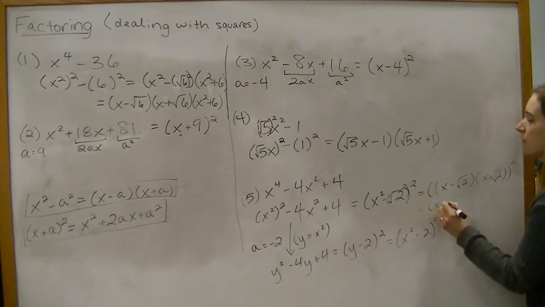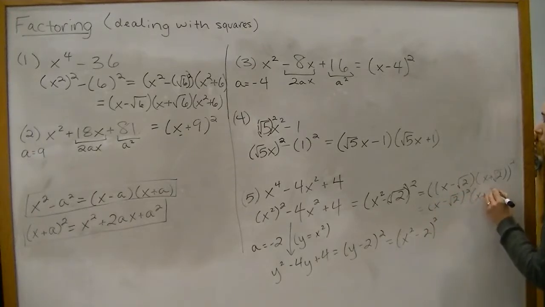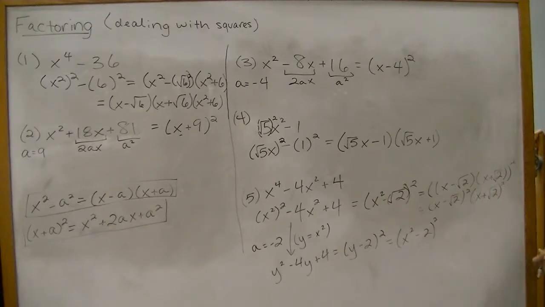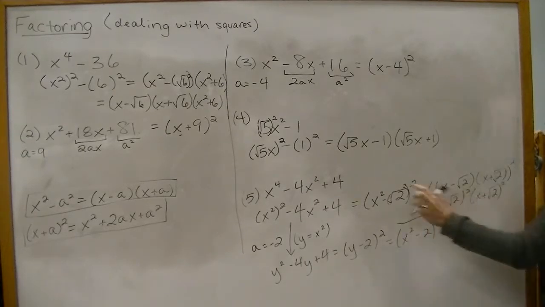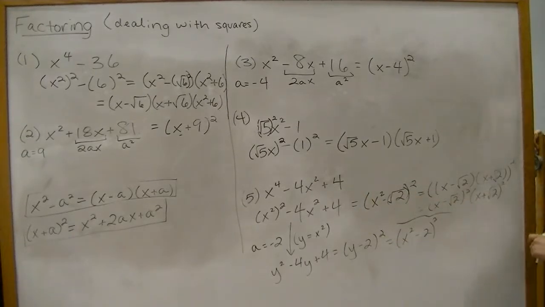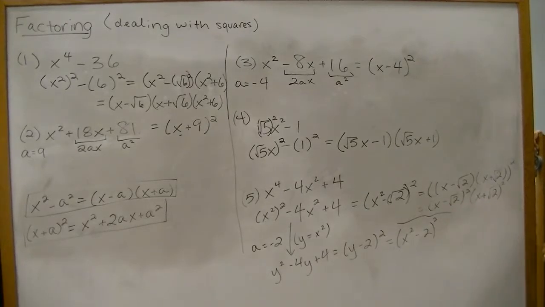So that's the same as taking x minus the square root of 2 squared times x plus the square root of 2 squared. If I multiply this times this times this times this, it's the same thing as multiplying this twice times this twice. So this is what we end up with when we factor this. Notice that this one has 4 factors, 2 here and 2 here.